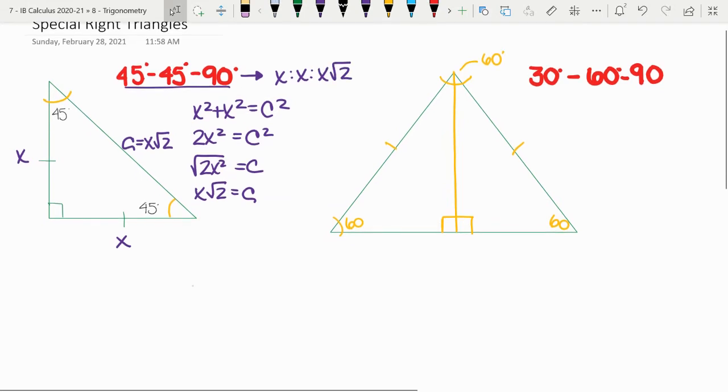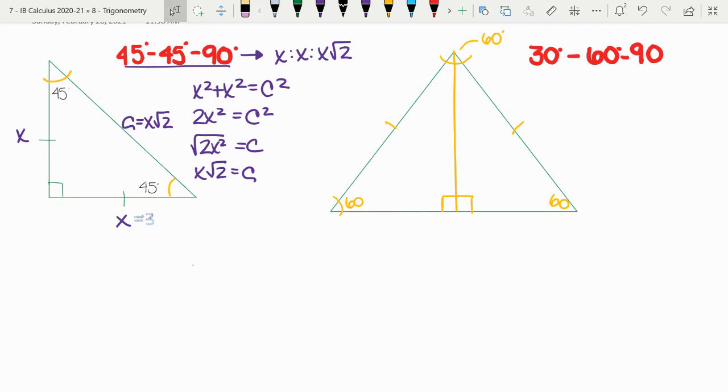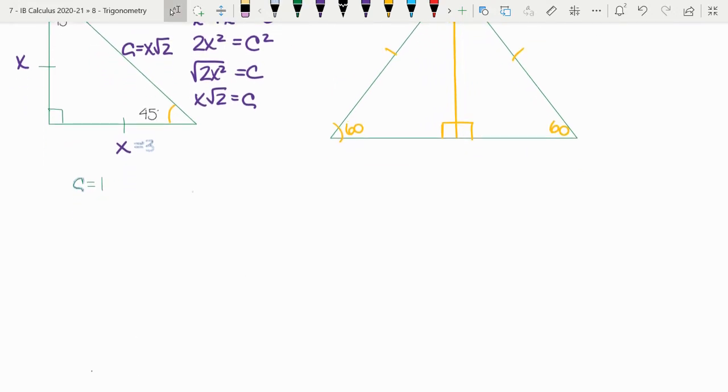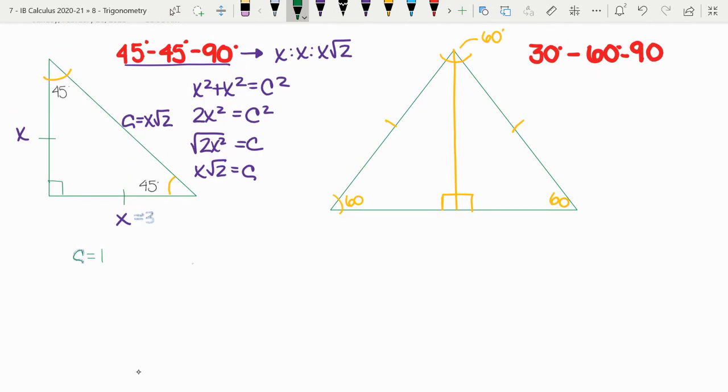Okay, so that's kind of cool because if you know that the leg of this right triangle is 3, then I know the other leg would be 3 and the hypotenuse would be 3 rad 2. I can also go the other way. So for example, what if I told you c, the hypotenuse length, was 1? If I wanted to go backwards, I'm starting with 1.